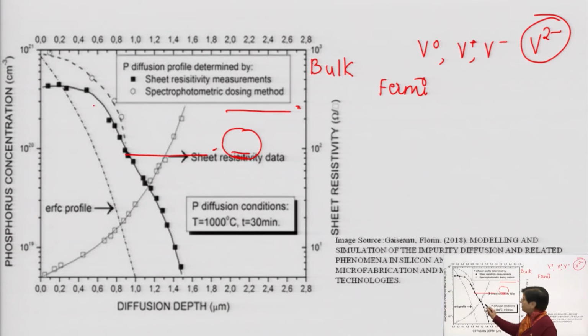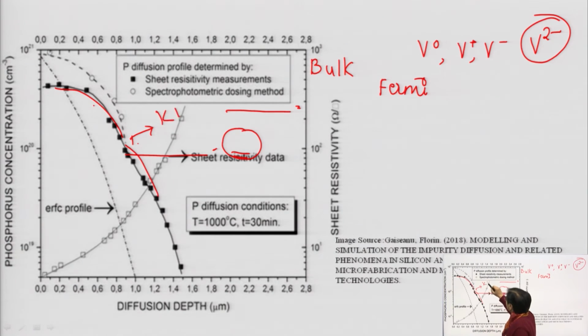Now, what is this tail region? This is the point where the normal profile is converted, because of the dissociation, into a deeper variation from the normal profile.